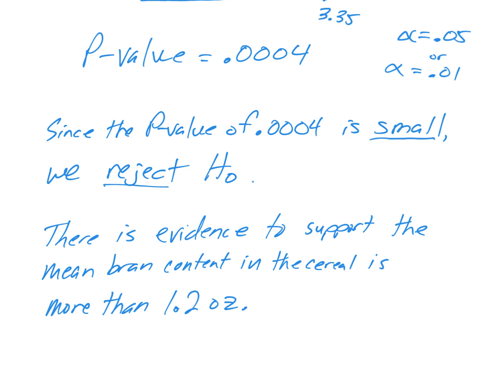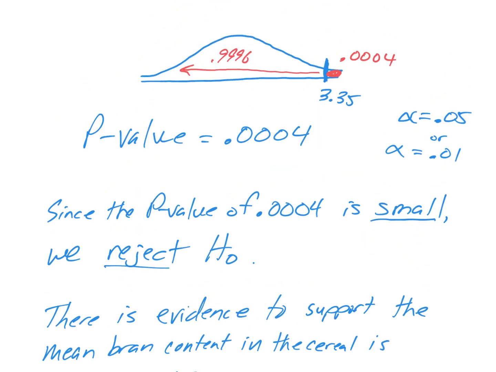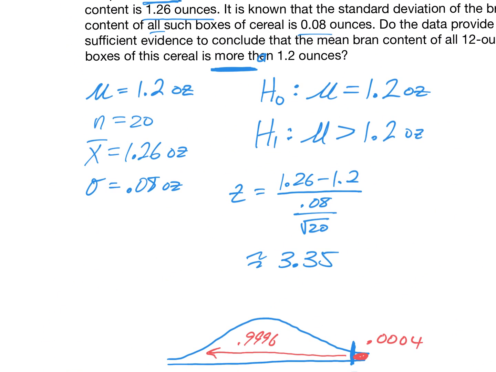So, just a verbal wrap-up of 9.1. You're going to be given a problem. In that problem, you are going to be given 4 pieces of information: mu, n, x bar, and sigma. The only other thing that I can do different, and the book can do different, everybody, is instead of me giving you x bar, I give you the actual data pieces.